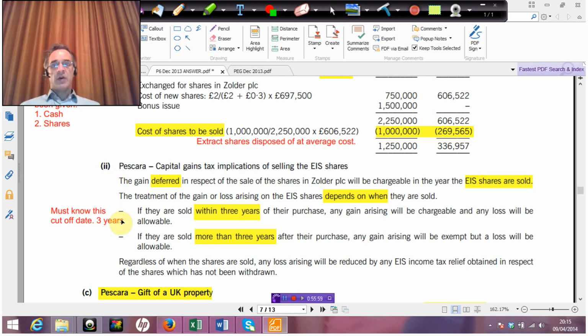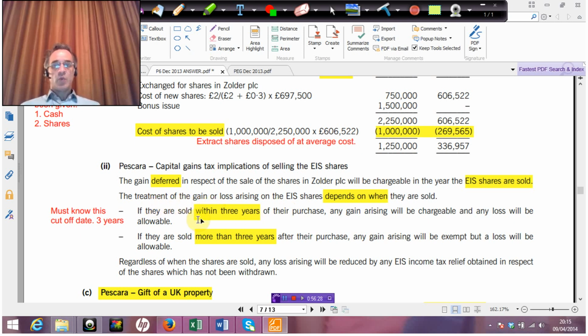Okay. Now, the other issue was really the EIS shares themselves. In other words, this first part relates to the Zolder PLC situation, in other words, the fact that we use the EIS shares to shelter a gain. This part relates to the EIS shares as well. And one key thing that we had to know was this number of years, 3 years. So in the first instance, what he says is that the treatment depends on when they're sold.